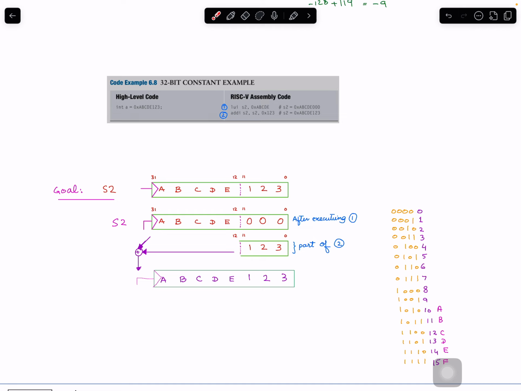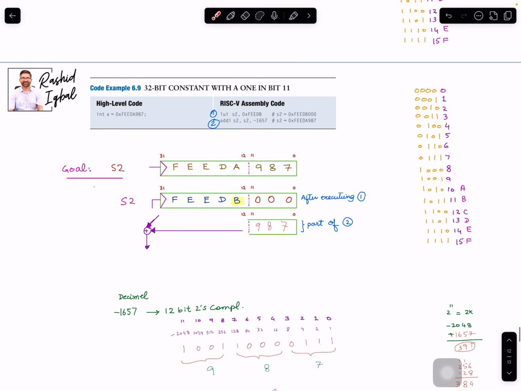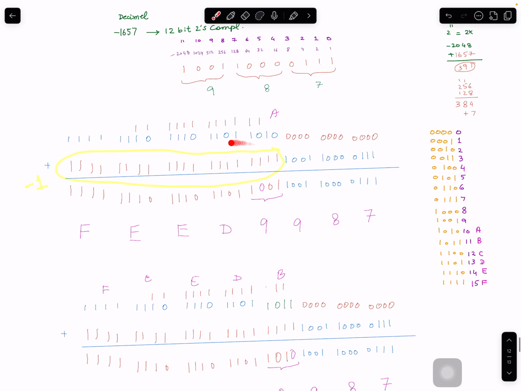Then we can add the lowest 12 bits, and that is how we come up with a 32-bit assignment. I explained this with an example. There is a little tricky thing there: if the number is negative, then the assembler needs to do a little more work. It needs to increment the upper part by 1, so that when you add them you get the right number, because all these ones are actually minus 1.